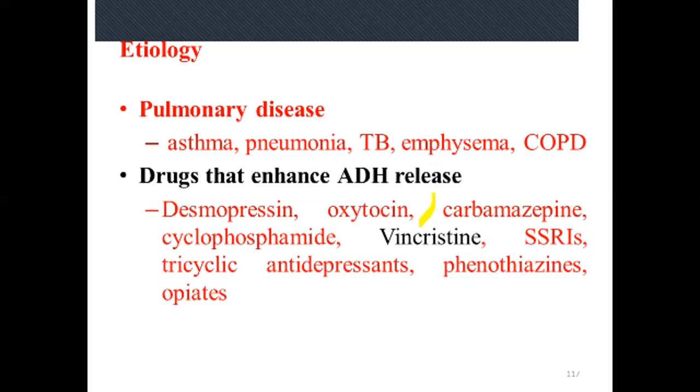What is very common and popular is carbamazepine and the anti-cancer drugs, the alkylating agent cyclophosphamide and vincristine, a vinca alkaloid, which are notorious in causing this syndrome. They continuously stimulate the release of antidiuretic hormone, and ultimately it causes dilutional hyponatremia.